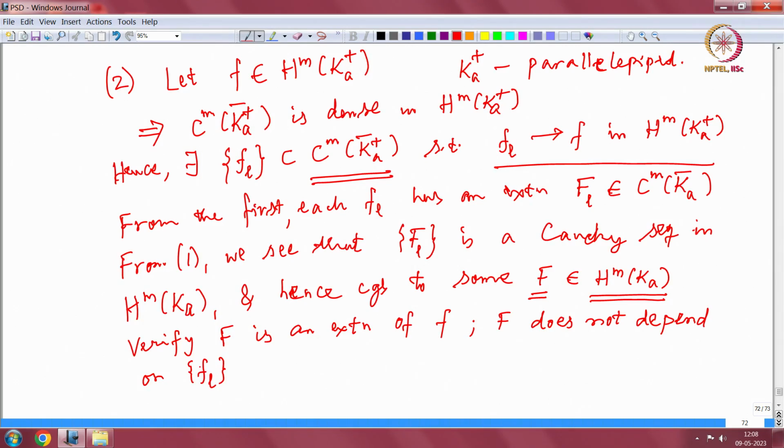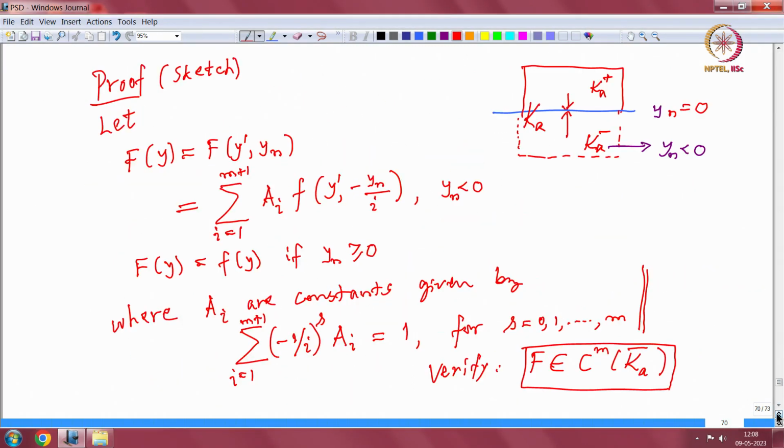So if there is another sequence converging to f, and then a corresponding sequence converging to some other function, with some simple analysis you show that the limit is the same. Okay. And moreover, again go back, so big F also has an expression in terms of f. So just look at this expression. Okay.